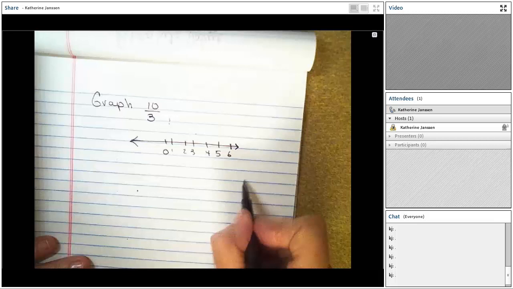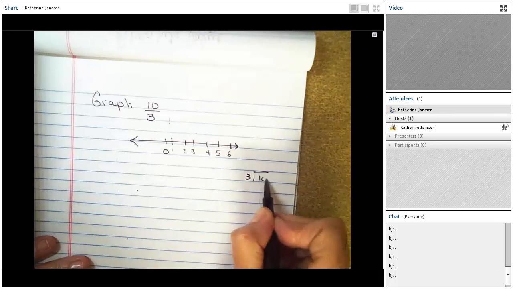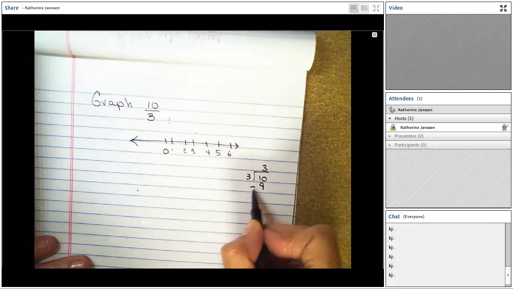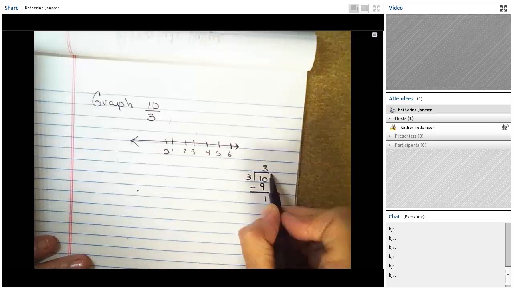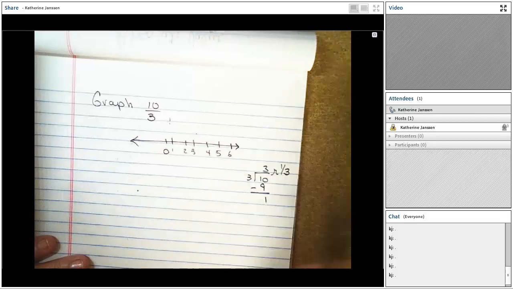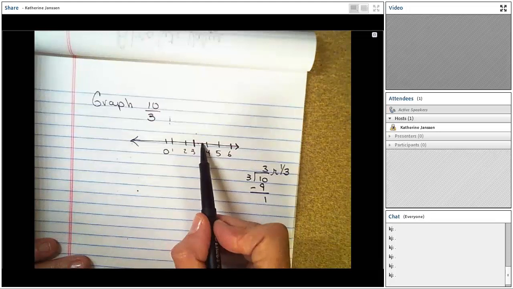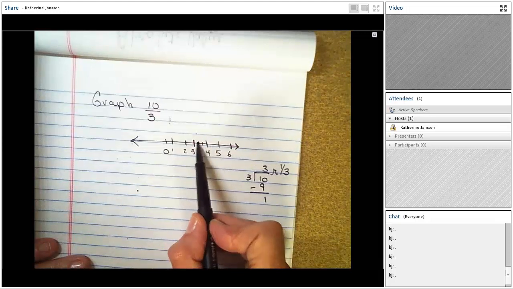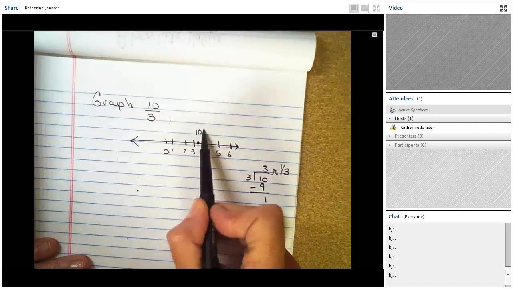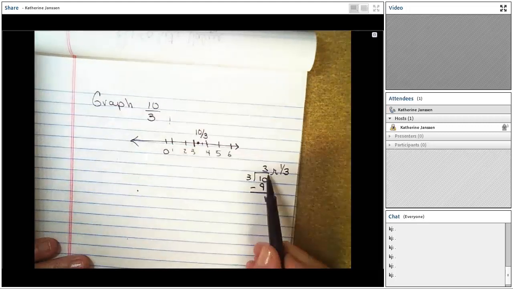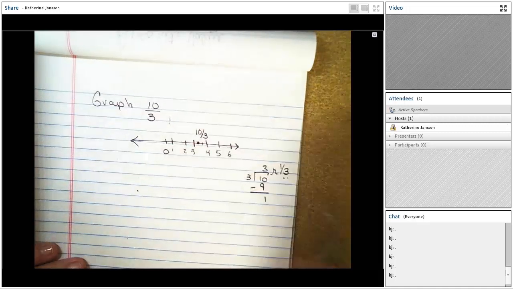Well, 3 goes into 10 3 times. 3 times 3 is 9. Subtract, we get a remainder of 1/3. So I want to go to 3 and 1/3. So I'm right about here for 10/3, which is equal to 3 and a little bit, 3 and 1/3.